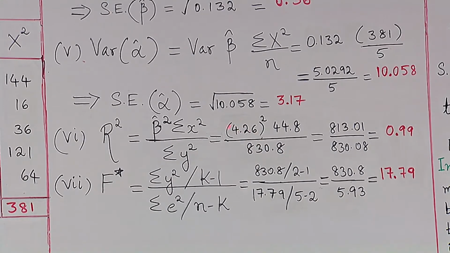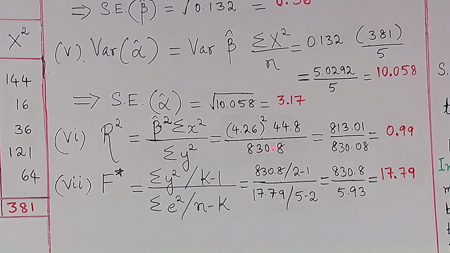On multiplication of all these terms together, you get 813.01 and the denominator 830.08. On dividing these numbers, you get R square value 0.99. So, here the R square value is 0.99.